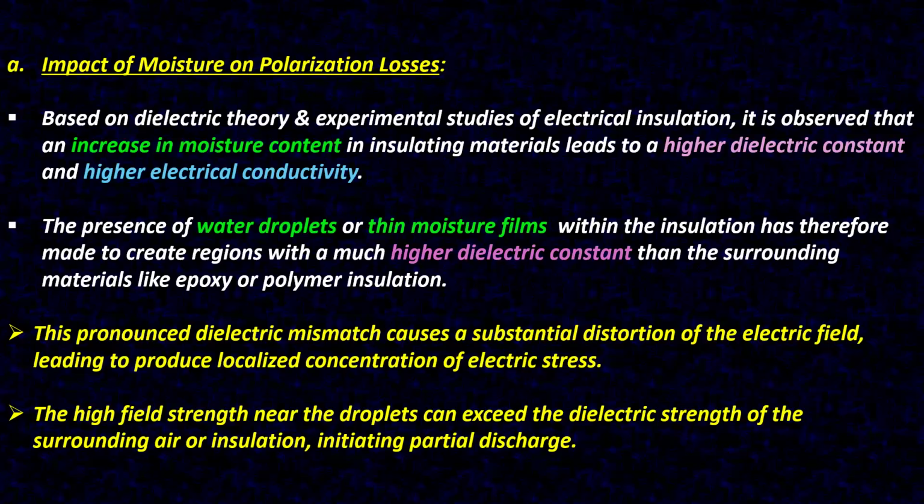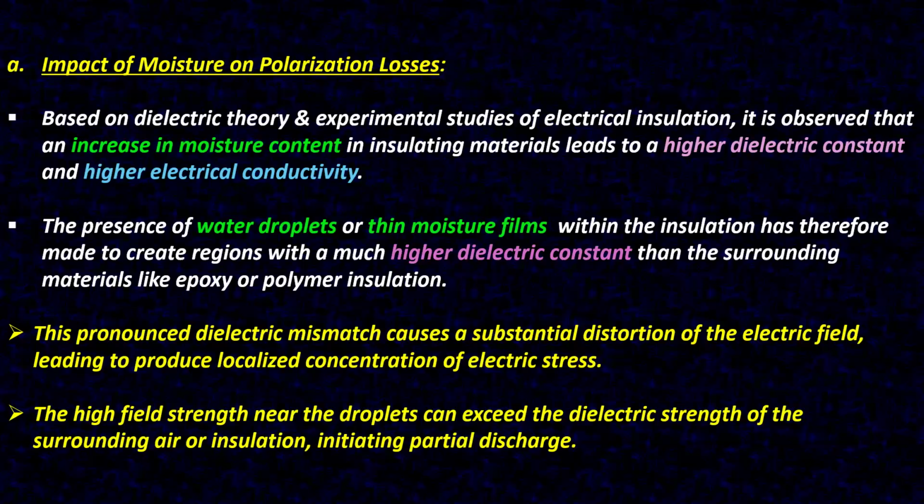The presence of water droplets or thin moisture films within the insulation therefore creates regions with a much higher dielectric constant than the surrounding materials like epoxy or polymer insulation. This pronounced dielectric mismatch causes a substantial distortion of the electric field, leading to localized concentration of electric stress.